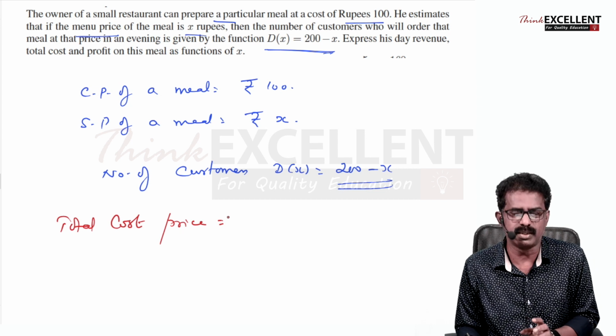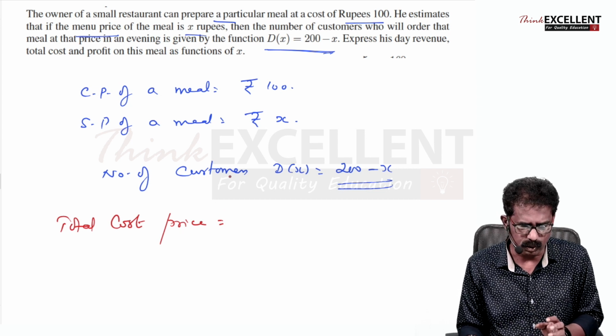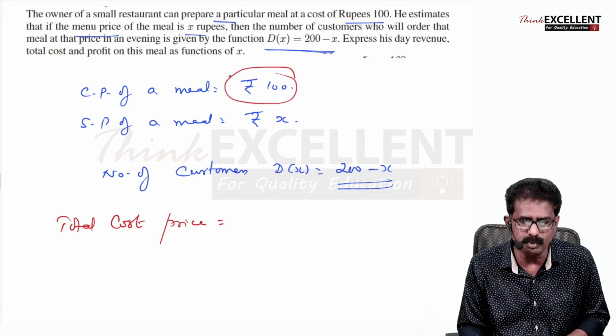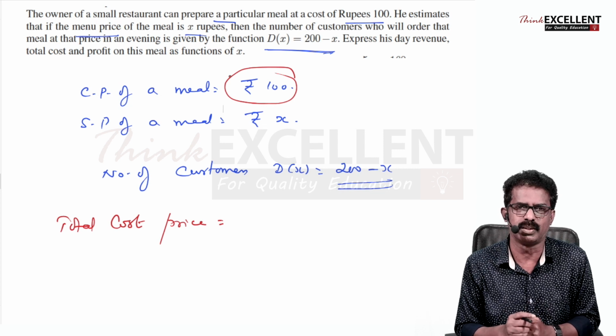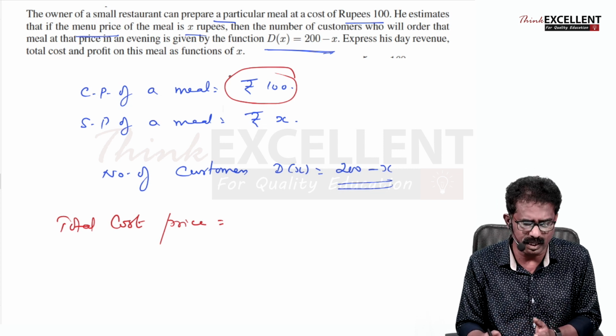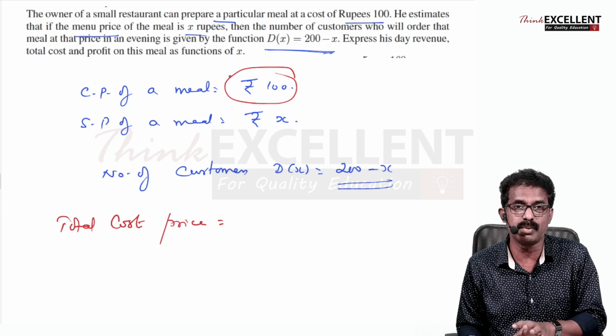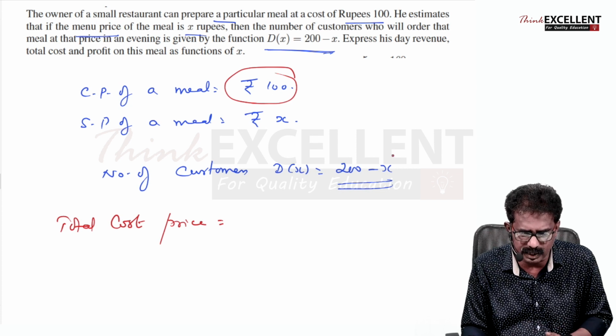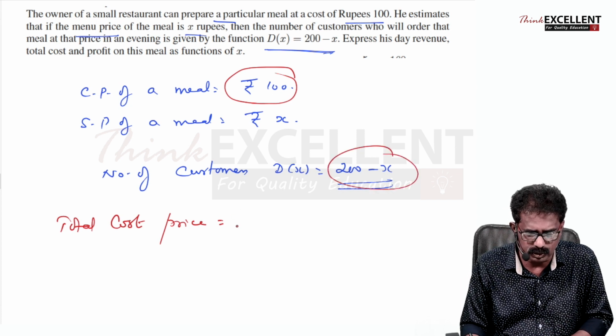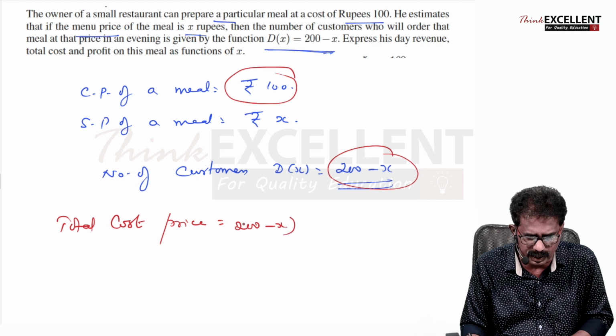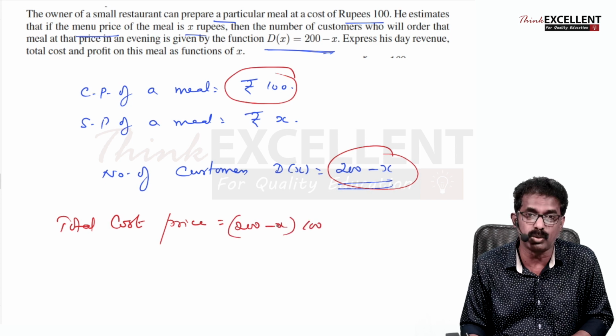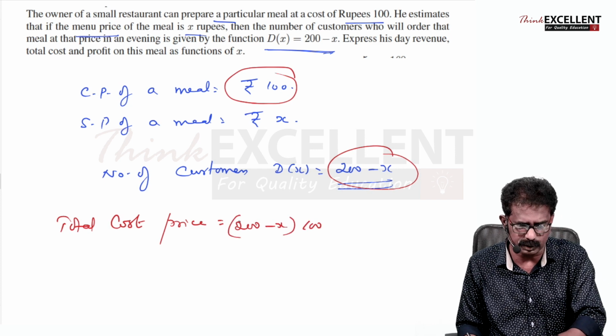Listen, for one meal, how much cost? 100 rupees. Suppose 5 meals means 5 into 100. Suppose there are 10 customers, you multiply by 10. How many customers are here? 200 minus x. So it is 200 minus x into 100, right? So this is the total cost price. This much is his expenditure.